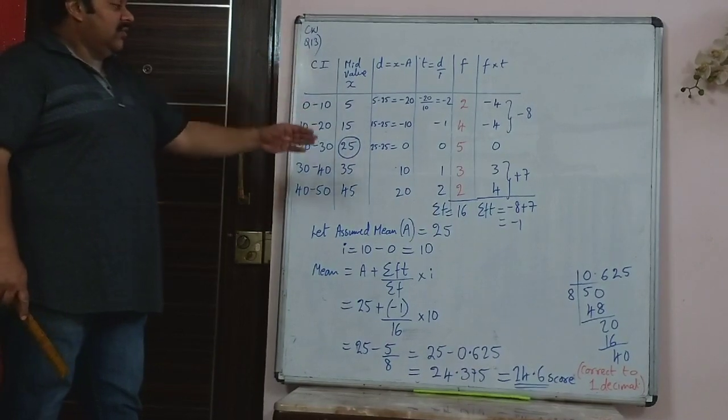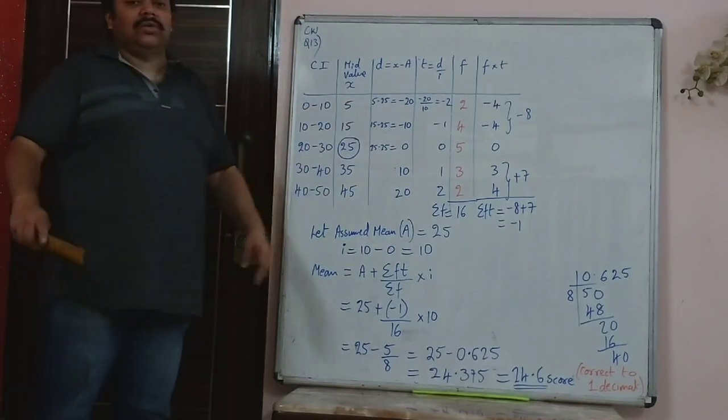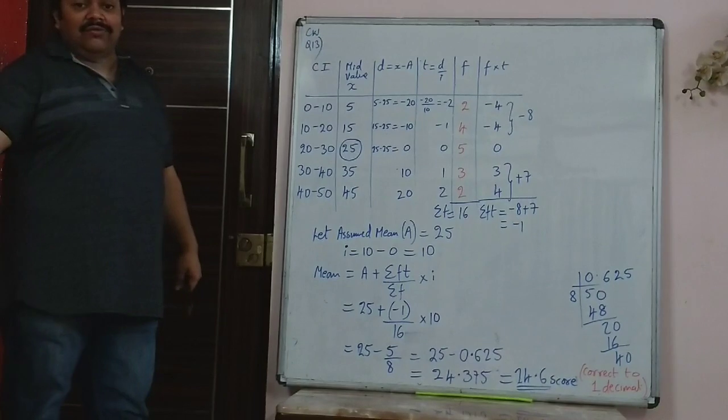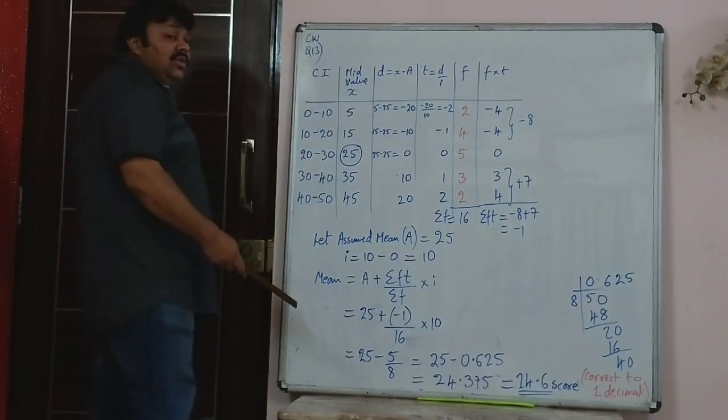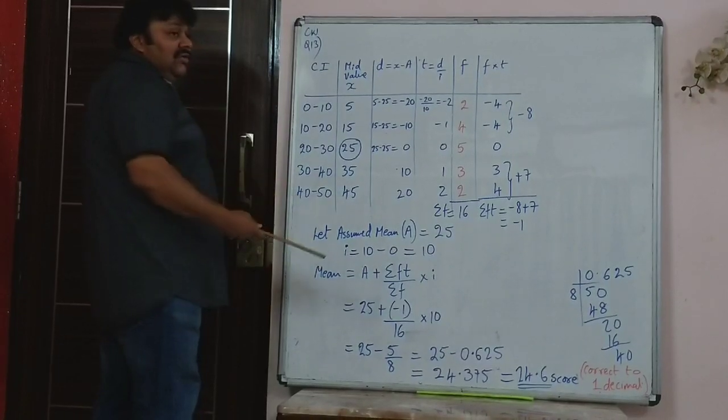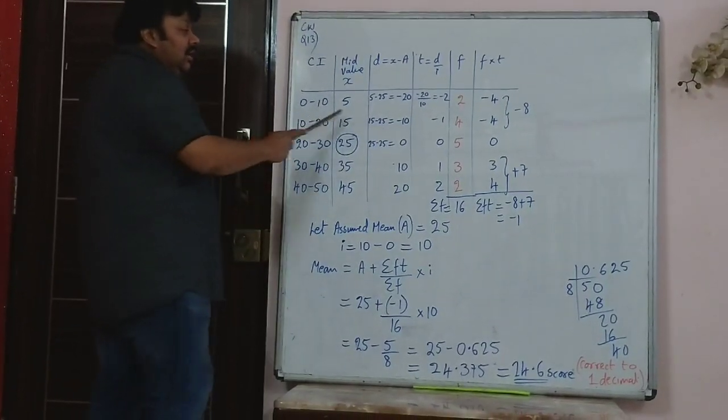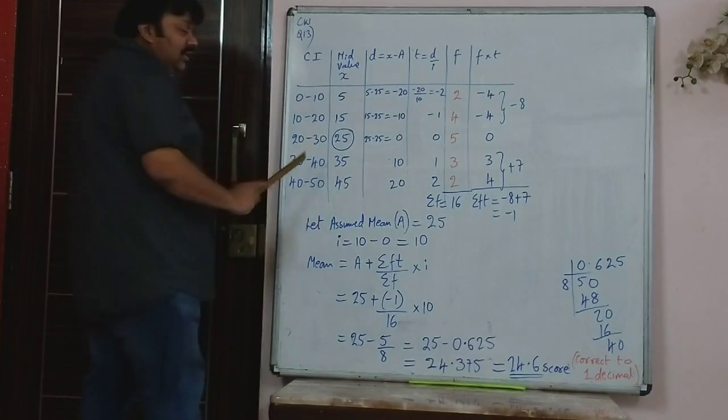So those are the frequency and class interval that you have to look at the graph that is given and write. The rest of the sum after that is same. Here you just have to interpret the graph and write the class interval and corresponding frequencies.